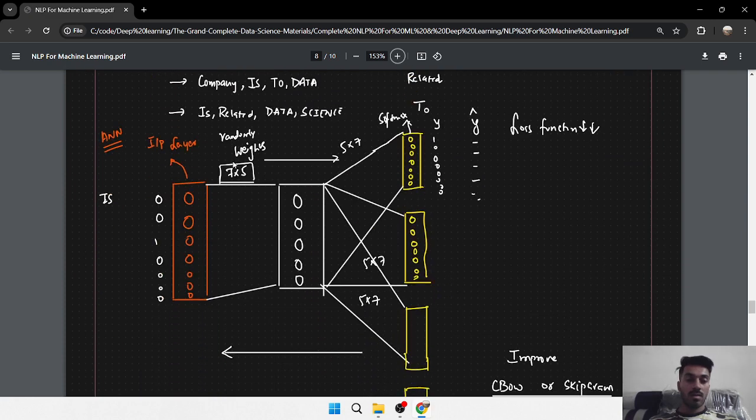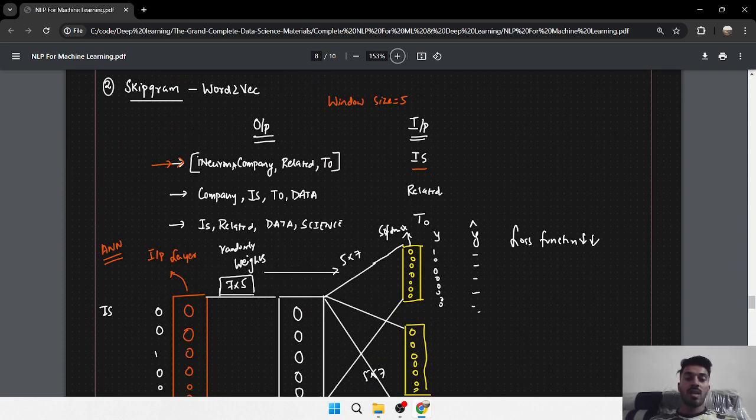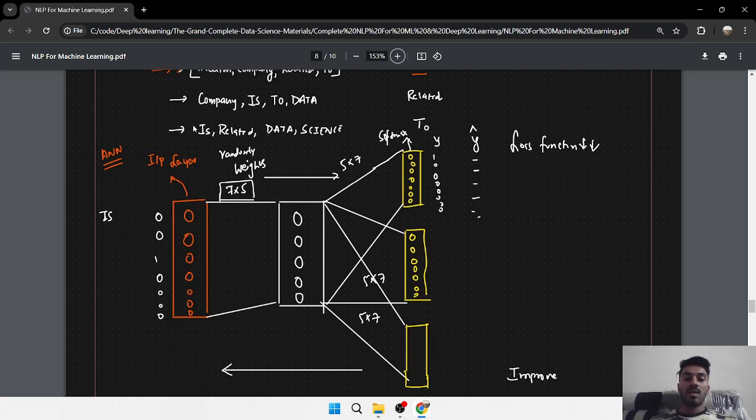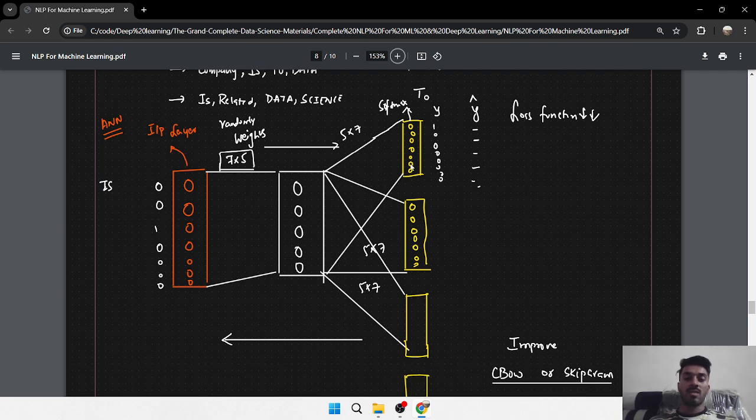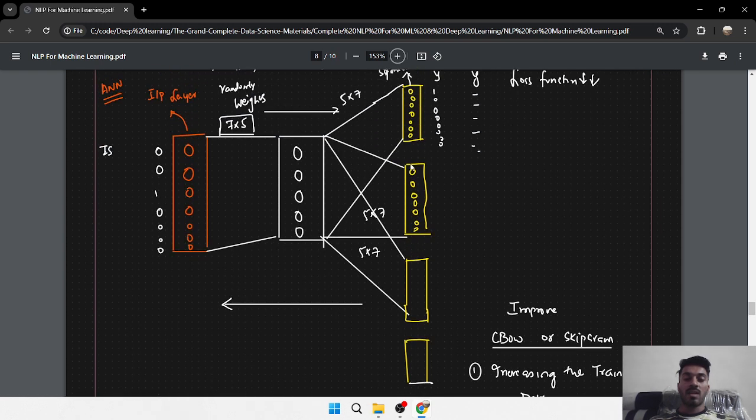So what is skip gram? Skip gram is basically the opposite of continuous bag of words. Here the input is "iNeuron" and the output is "company related to". Here also we have to decide a window size, an odd number, and according to that we get the pairs.